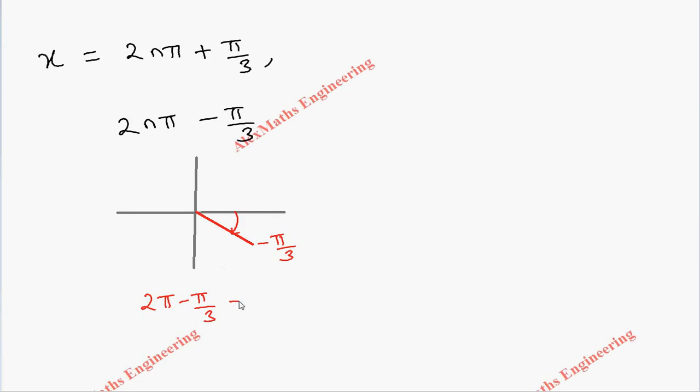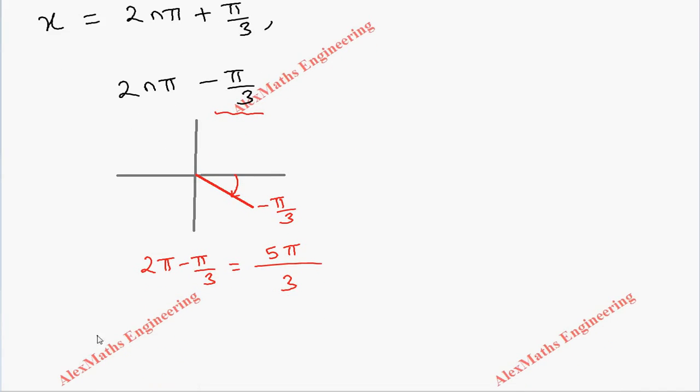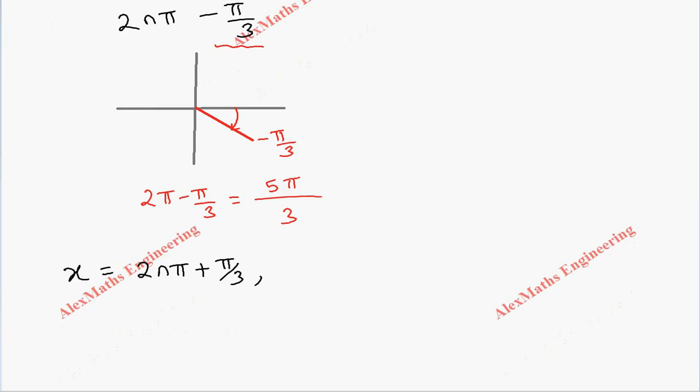So by taking LCM, we get 6 pi minus pi, which is 5 pi by 3. So in this place, we can also write plus 5 pi by 3. So again I'll write the solution. So first x is 2n pi plus pi by 3, that is one part, and another part is 2n pi, instead of minus pi by 3, I can write plus 5 pi by 3.